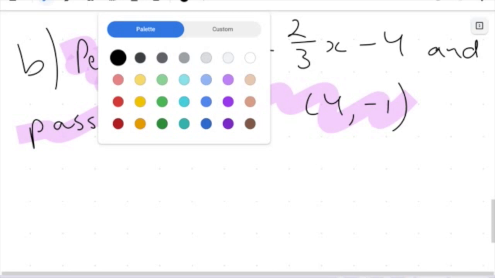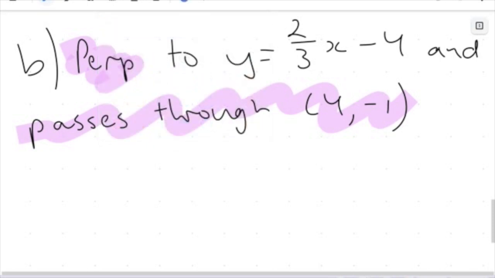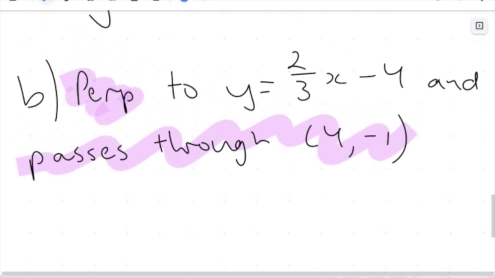Okay, now once again, we want to consider all of the points here. So because we're given the information that this new line we want to find is perpendicular to y equals 2 over 3x minus 4, all I need to get from this perpendicular statement is that the gradient I'm looking for is going to have a relationship with 2 over 3.